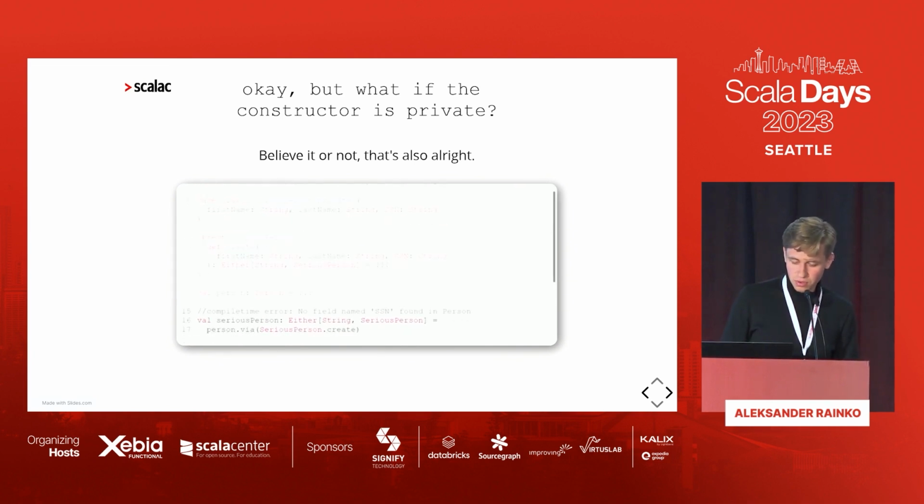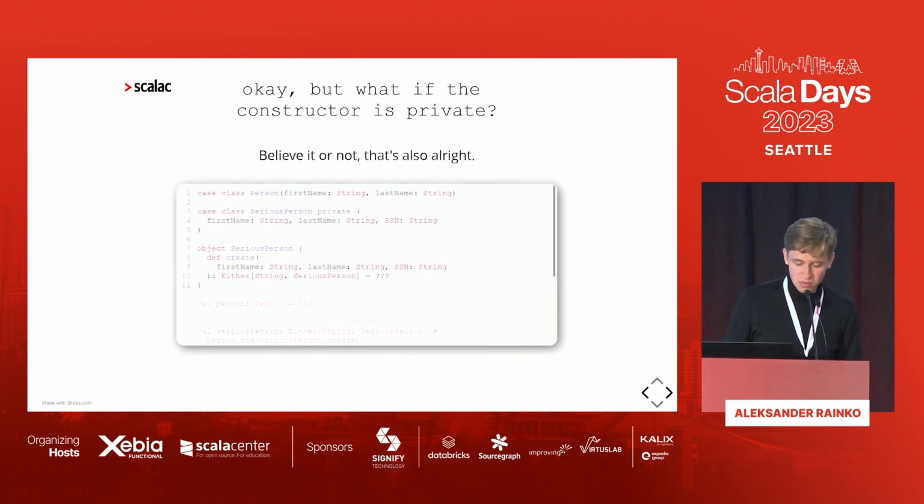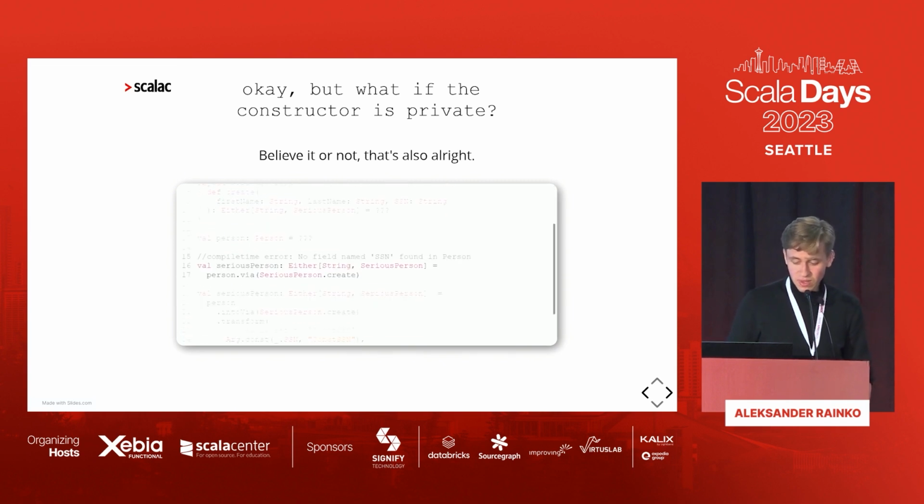But once again, we have a "no field name ssn" error at compile time. What actually happens is the library is trying to match the fields of the source type, person in this case, to the arguments of that method. So it tries to find a match between first name and first name, which it finds. It matches last name and last name, but it cannot find ssn. So yeah, we're back at square one basically.